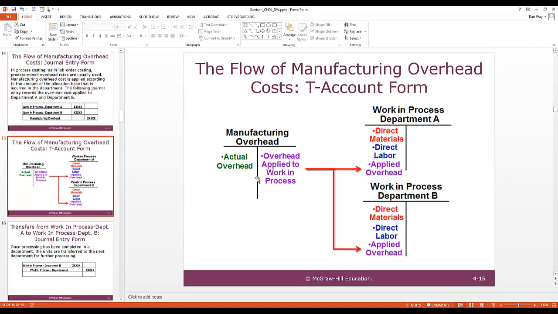Our actual overhead costs incurred are still represented with debits to the overhead account. Our overhead applied to work in process are still represented with credits in the overhead account. Remember, at the end of the period, we want to make sure we have no balance in overhead. So we may have under or over applied overhead. We'll still dispose of that the way we did in Chapter 3.